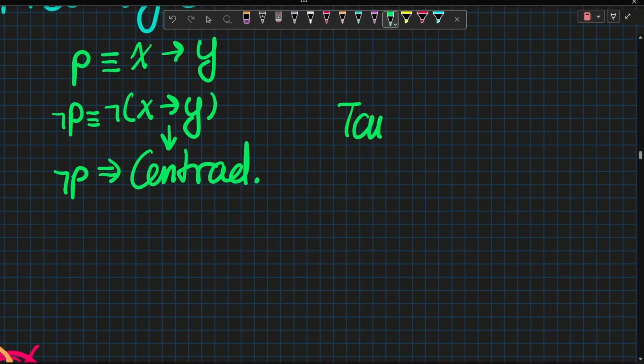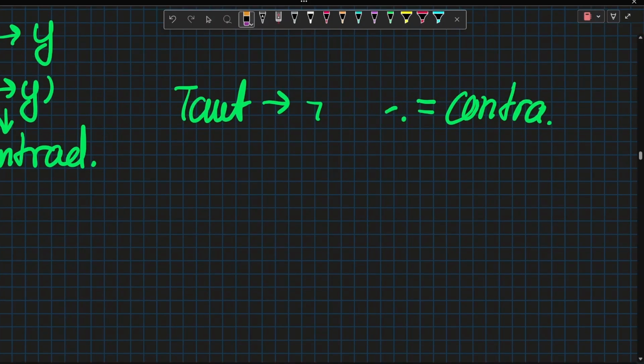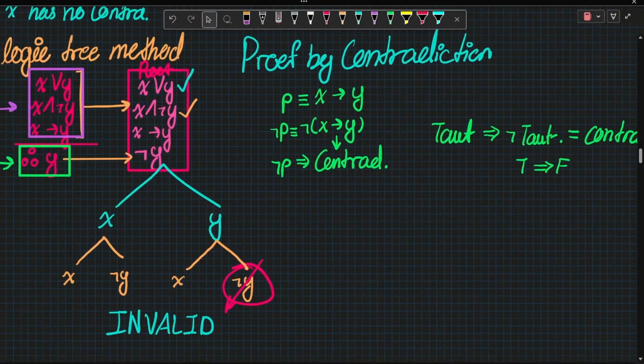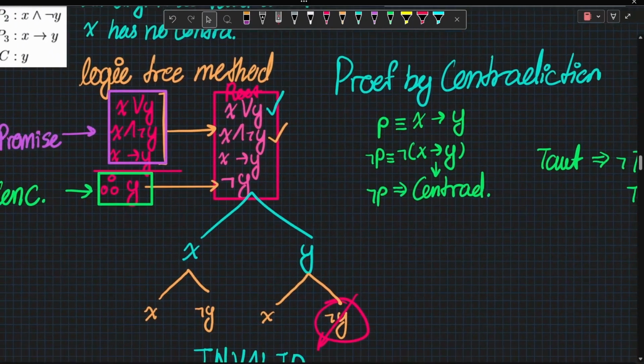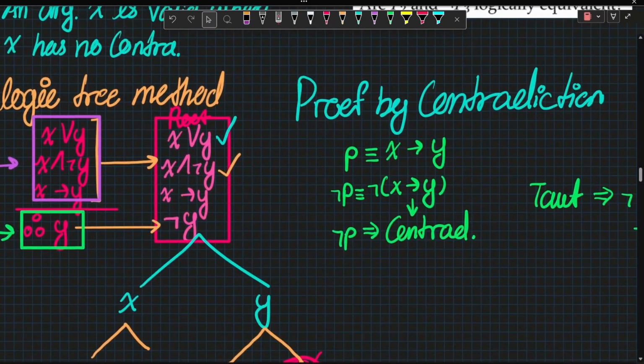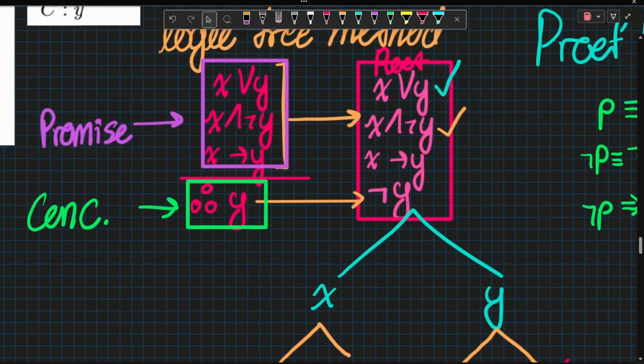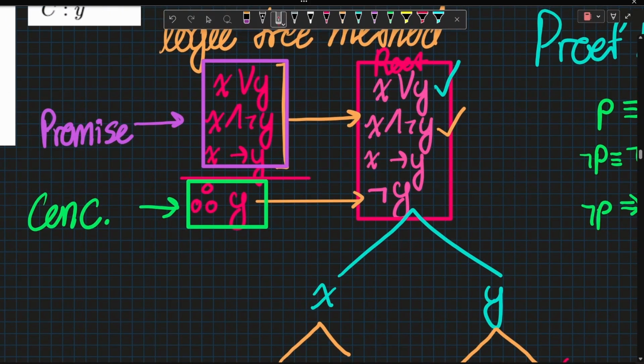The negation of a tautology is a contradiction, because you're switching every truth value. All truths become false. The same principle occurs in how we prove an argument to be valid in a logic tree method. We assume the premises are true and that the conclusion is false.